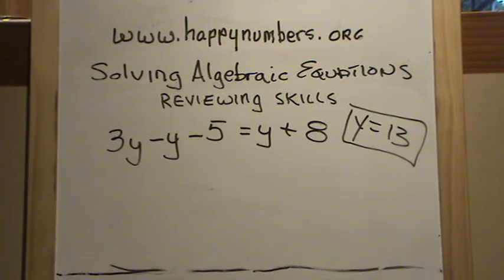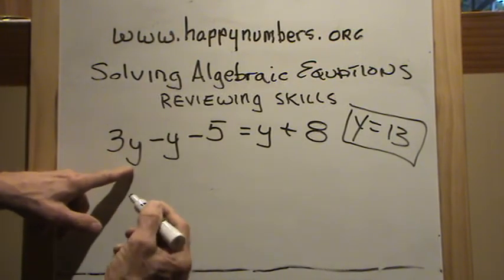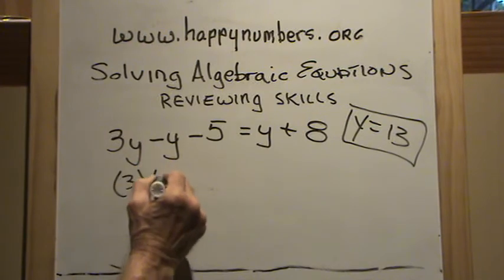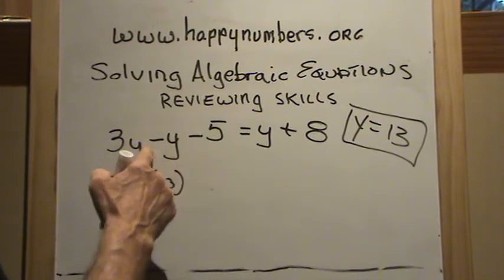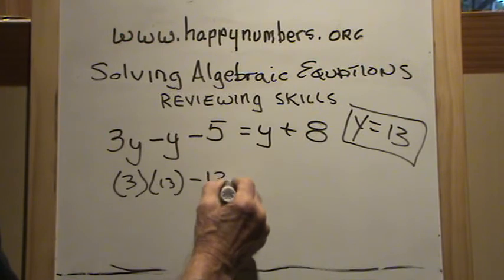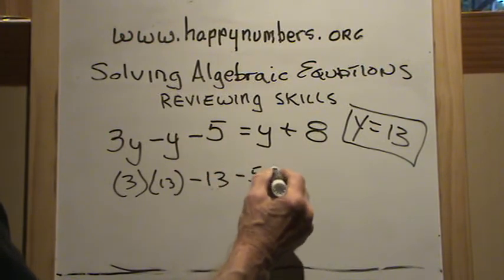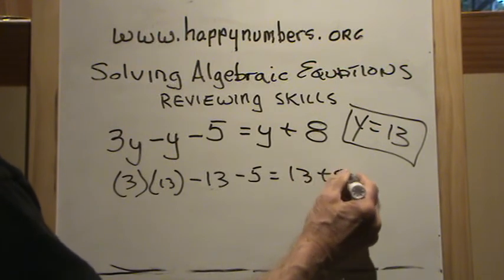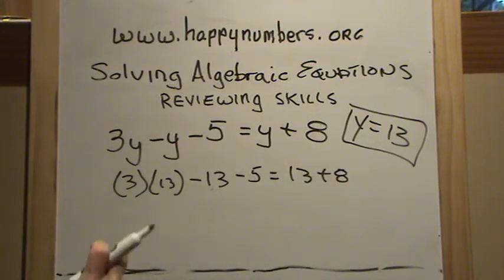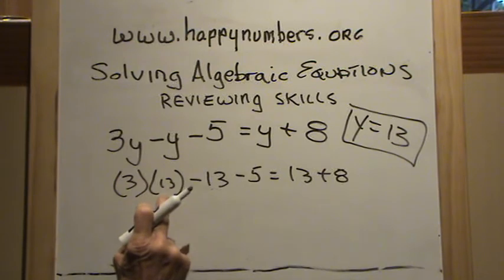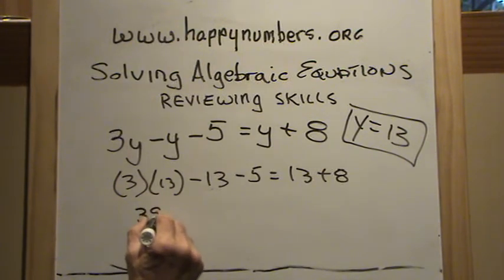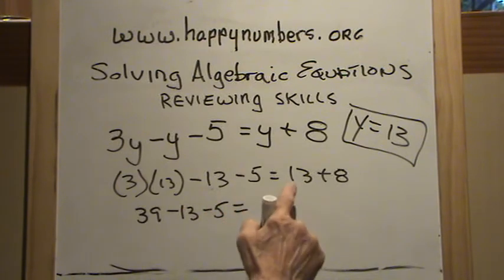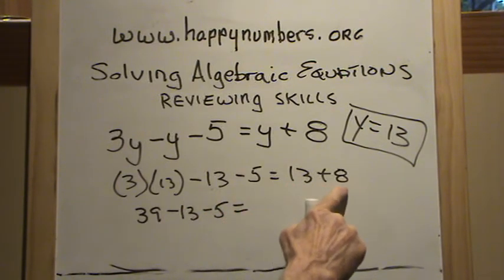Well, let's take a look. 3 times y, which would be 3 times 13, minus y, which would be minus 13, minus 5, equals y, which would be 13 plus 8. Well, 3 times 13 is 39, minus 13 minus 5 equals 13 plus 8.